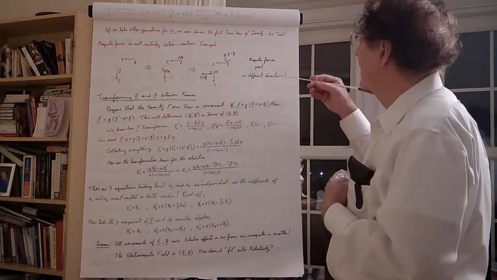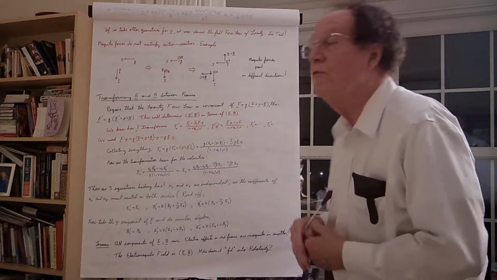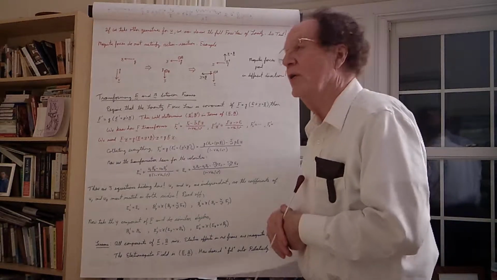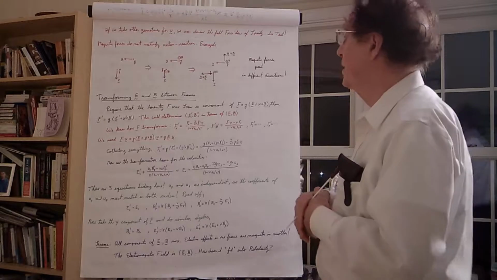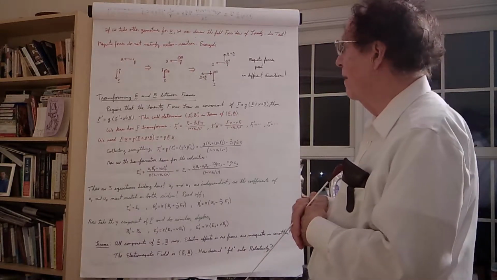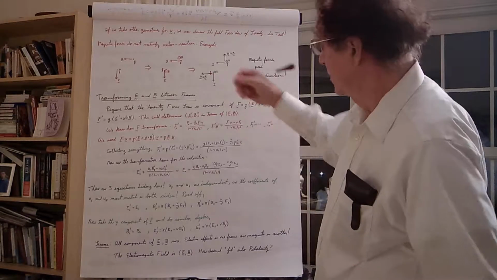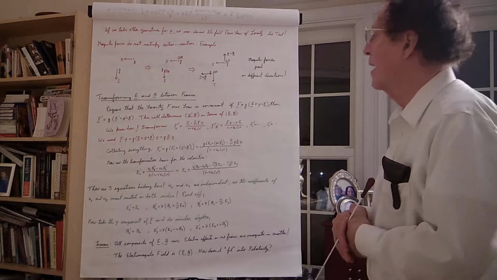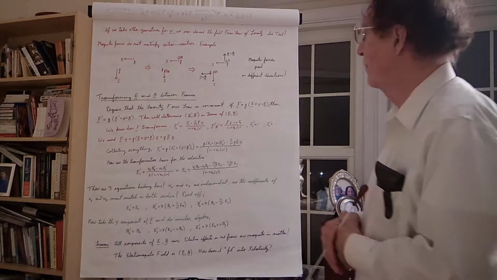And then I know how U transforms to U prime, and I'm going to therefore learn how E and B transform from one frame to the other in such a way that this equation is covariant. So let's do the exercise. It's interesting to do the exercise and get the relationship. We'll learn quite a lot from doing this.